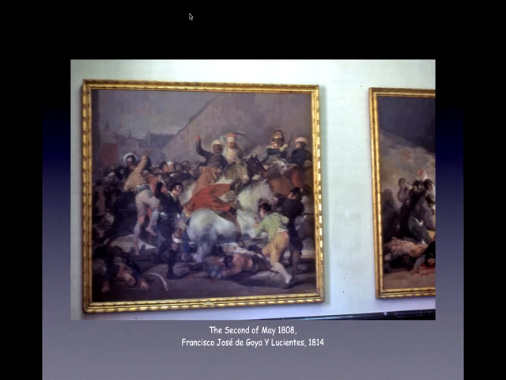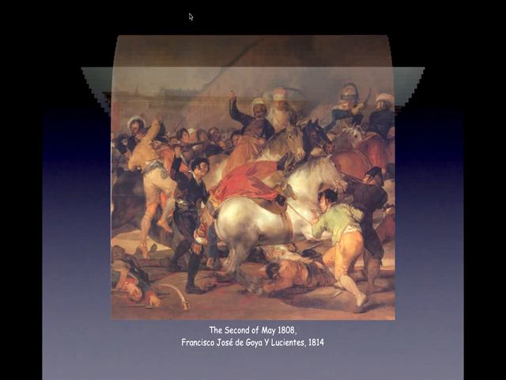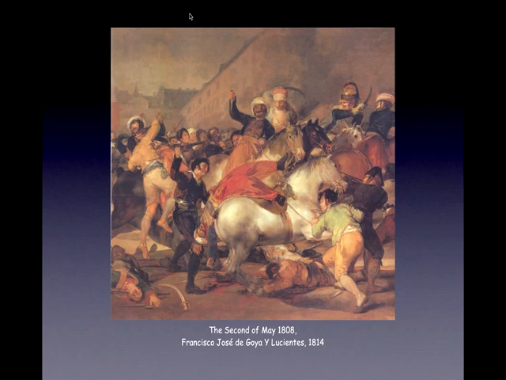This is a work called The 2nd of May, 1808, a work which documents an uprising in Madrid between a crowd of Spaniards and Napoleon's troops, who, if they look somewhat exotic to you, and I think I have a little bit closer view, is because they were mercenaries called Mamelukes, Muslims from North Africa, originally from Egypt, which Napoleon had conquered, and they were now part of the Napoleonic army.